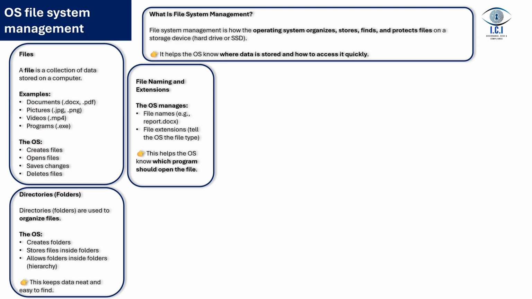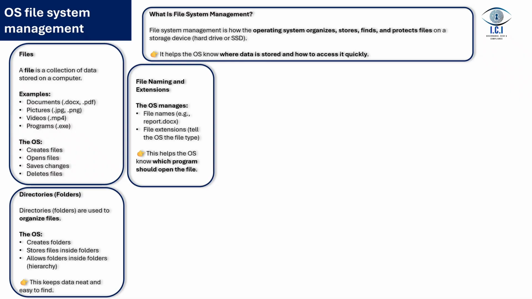As we progress, we'll come across a lot of file extensions and know what they mean. This file naming helps the OS know which program should open the file. So when you name a file and there's an extension to that file, that extension will determine which program or which application will open the file.